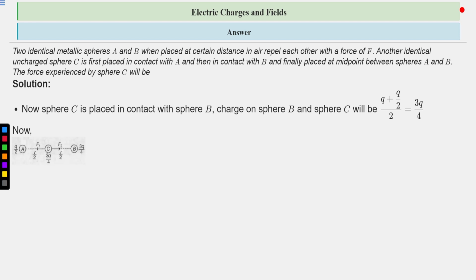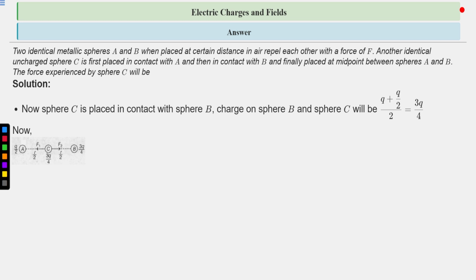Now, this is a diagrammatic representation. C is placed here. A has charge Q by 2, B has charge 3Q by 4, C has charge 3Q by 4. F1 is the force experienced by C due to B. These charges are of the same polarity, so B will repel C in this direction.